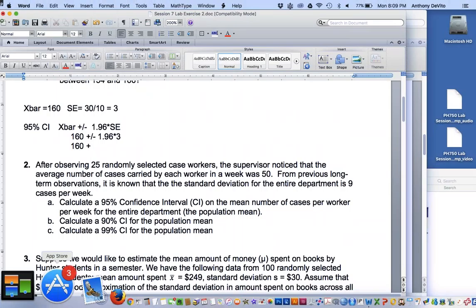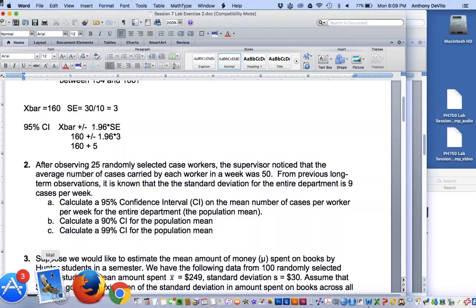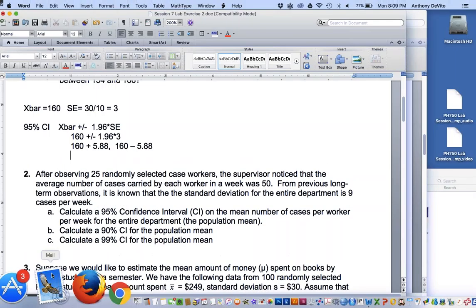5.82. Am I right? 5.88. Okay, plus 5.88, and it's going to be 160 minus 5.88. Or in other words, actually I should have put the negative number first, but that's okay.